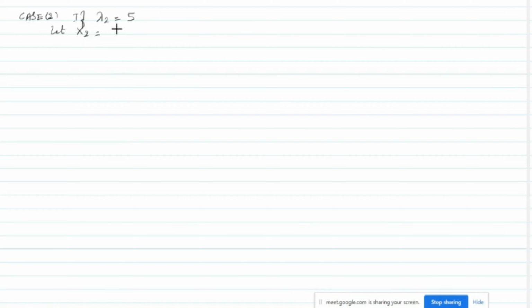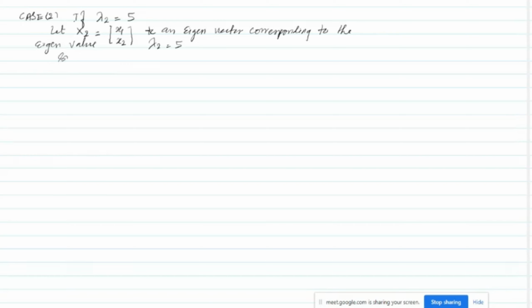Let x2 equal to x1, x2 be an eigenvector corresponding to the eigenvalue lambda 2, which is equal to 5.